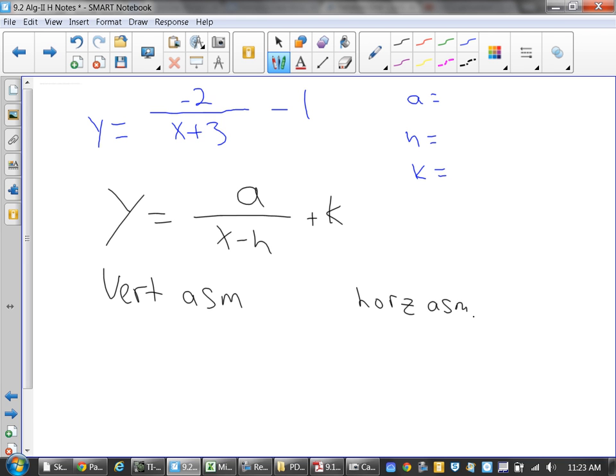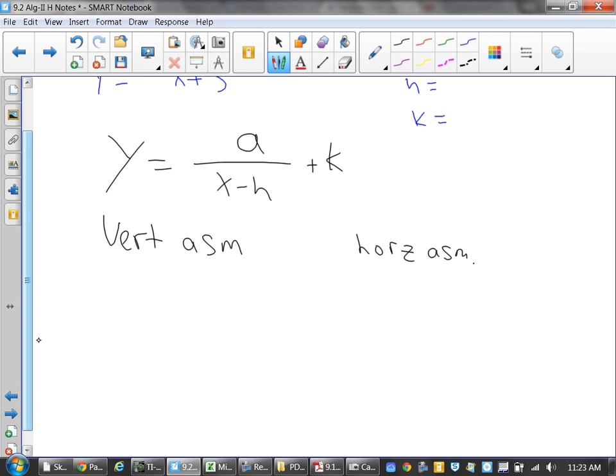All these rational functions that we're going to look at are going to have both of them. Vertical asymptotes are when you get 0 in a denominator. You can't have that. So your vertical asymptote is when the denominator equals 0. And that is bad.